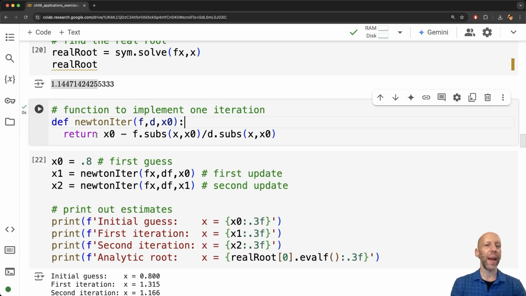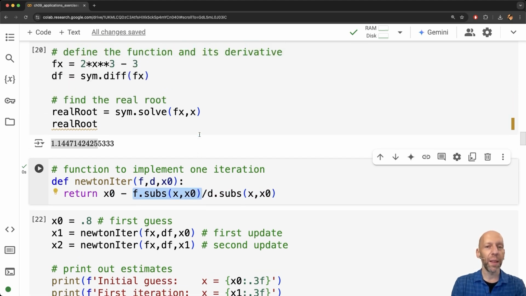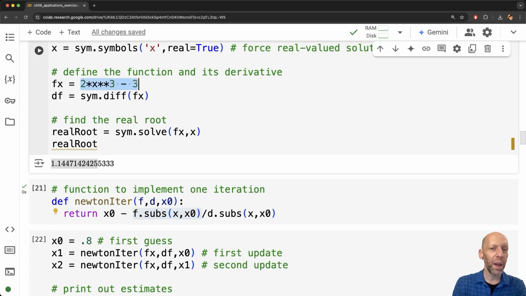Well, let's look back at the algorithm that we are implementing or the equation that we're running. So we have the current estimate, no problem, that's 0, it's fine, and then we are subtracting off a ratio. Now, when the function has x equals 0, that's no problem. Here's the function. It ends up being 0 minus 3. So we get an answer of minus 3 when x equals 0.